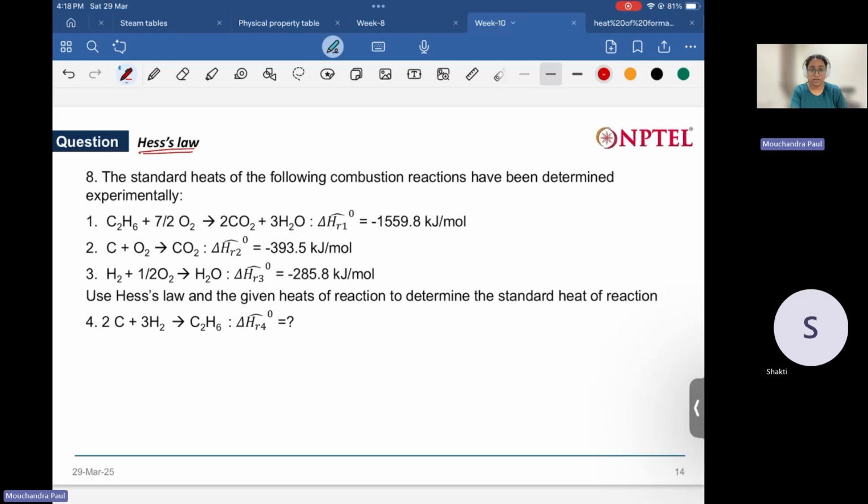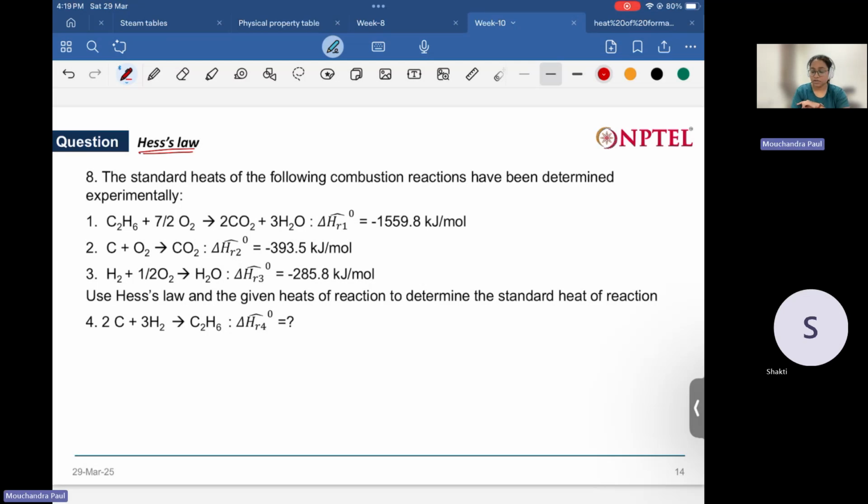The general statement of Hess's law, I'm directly reading from the book, states: if the stoichiometric equation for reaction 1 can be obtained by algebraic operations like addition, multiplication, subtraction on the stoichiometric equations for reactions 2, 3, however many reactions you have, then the heat of reaction for reaction 1 can be obtained by performing similar operations on the heats of reaction of reactions 2, 3, 4.